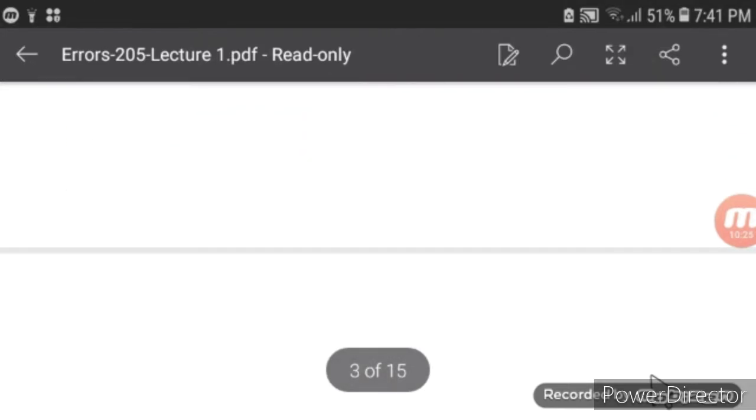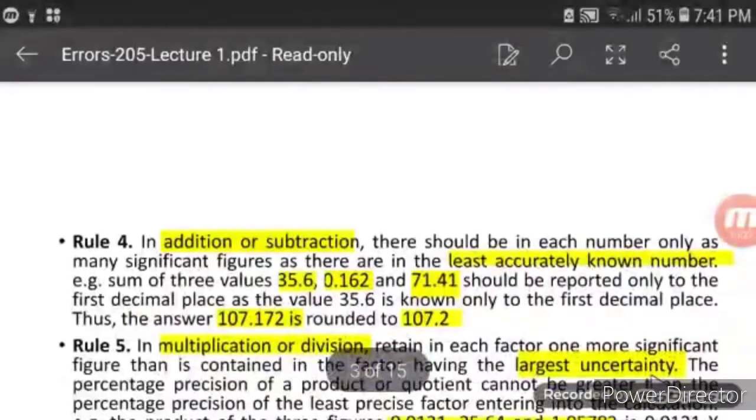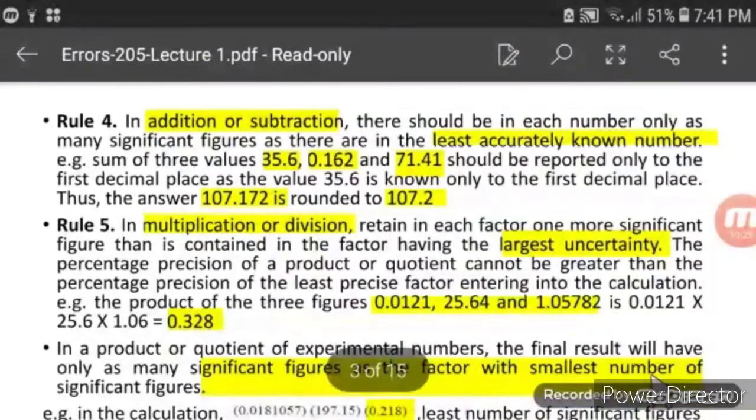Okay, let's move toward our rule 4. Rule 4 is about addition or subtraction, because in our values we also have addition or subtraction.